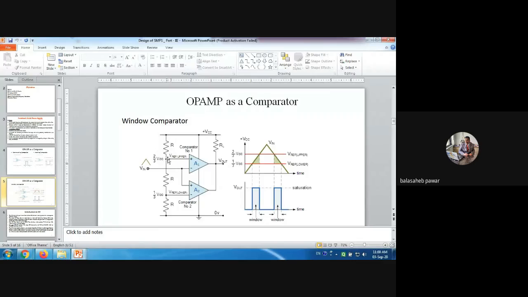For the first op-amp and its non-inverting terminal, the node voltage will be equal to VCC into R plus R, because the resistance across which we are taking this node voltage is R plus R. So 2R divided by 3R, the total resistance of that path, is it? And that's why here it is written as 2 by 3 into VCC.